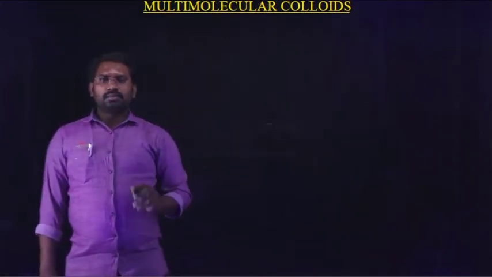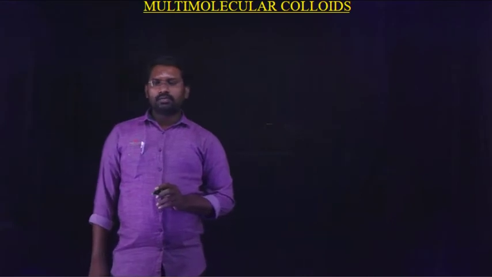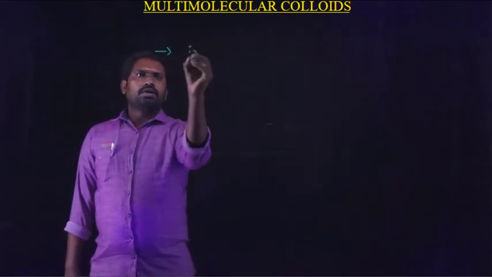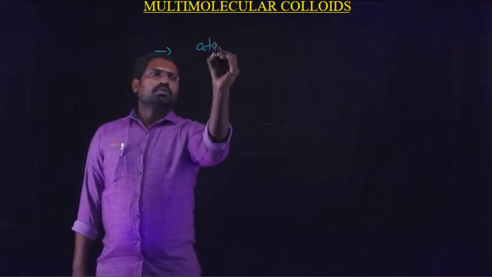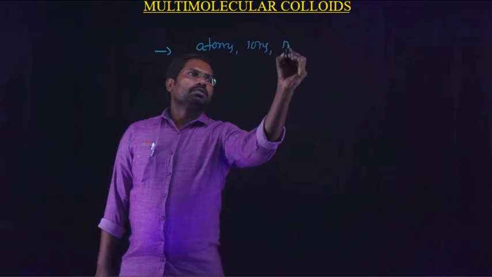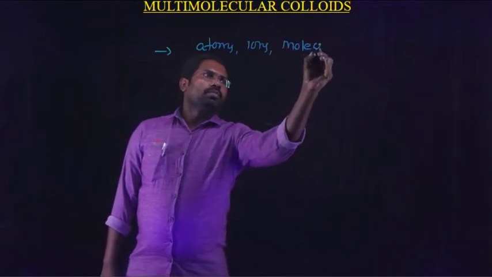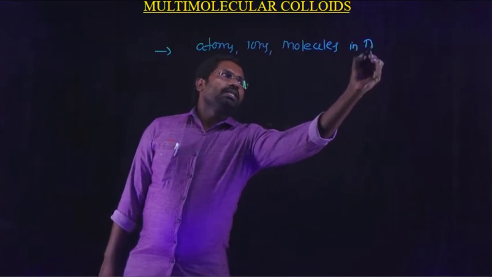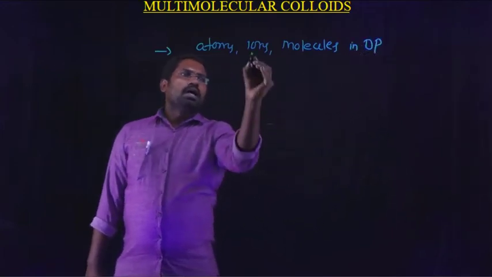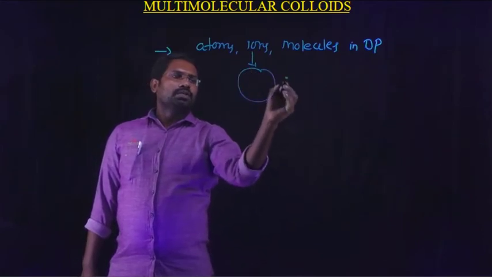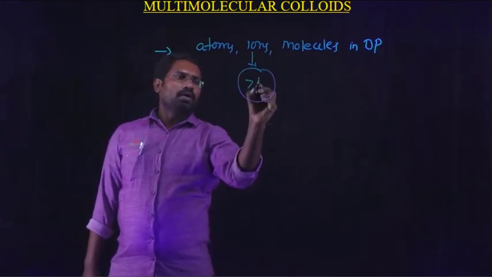First one, multimolecular colloids. What are multimolecular colloids? A large number of atoms, ions or molecules which are present in a dispersed phase and aggregated to form a large sized particle with a diameter of greater than 1 nanometer.